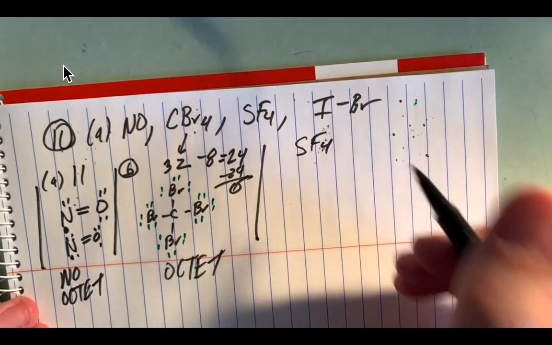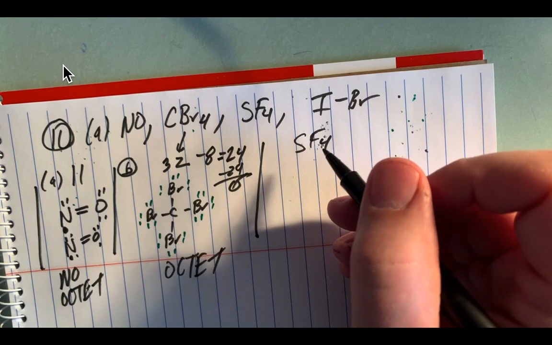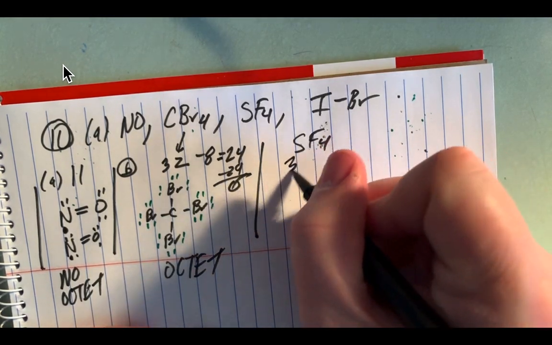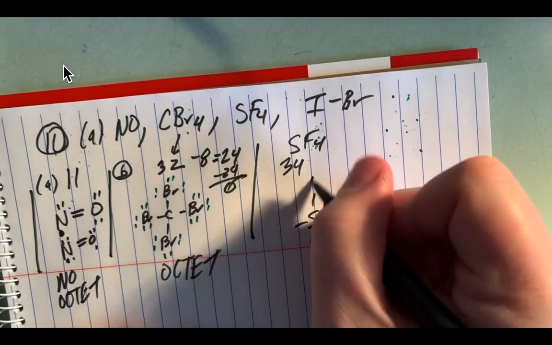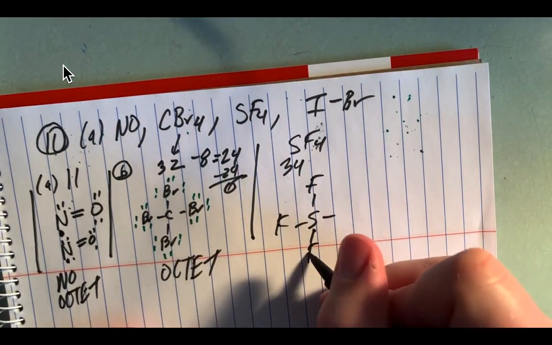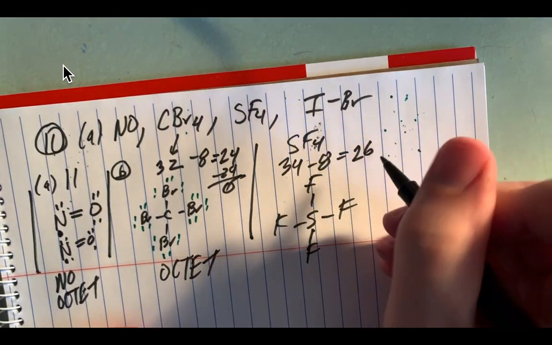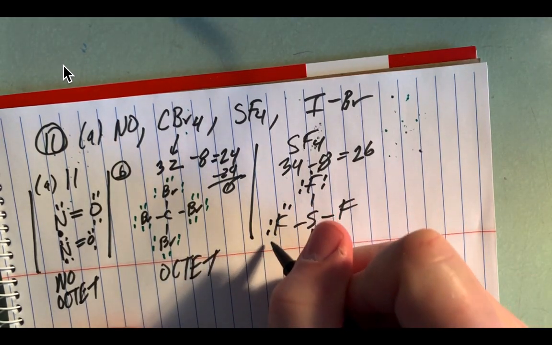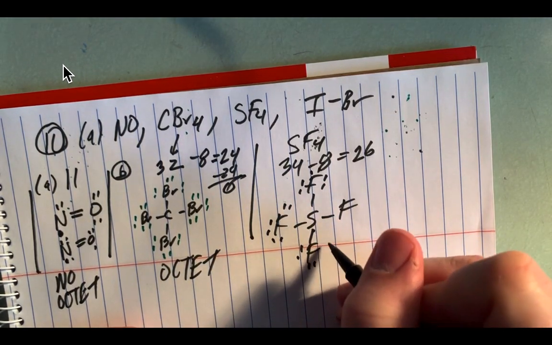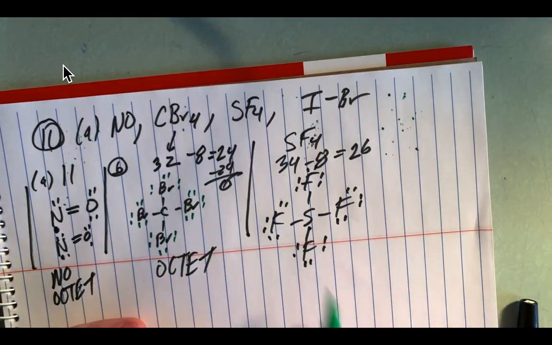Now SF4, that is 28 plus 6, that's 34 valence electrons. Used up 8, leaving me with 26. 2, 4, 6, 8, 10, 12, 14, 16, 18, 20, 22, 24.